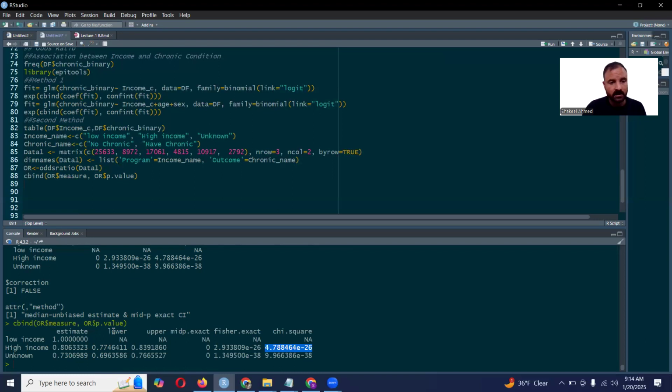So that's all about computing the odds ratio for unweighted data. In the next video, I will show how we can compute the odds ratio for survey weighted data, that is required when we have a complex survey design.